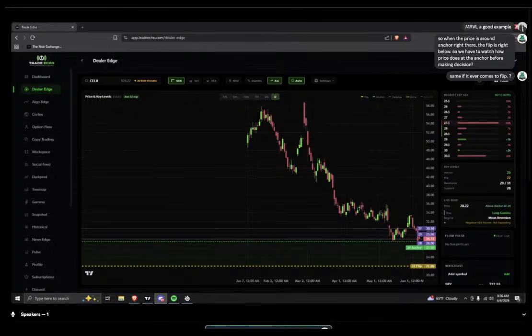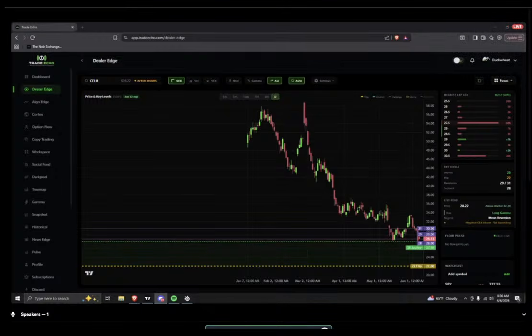So when the price is around the anchor right there, the flip is right below. So we would have to watch how price reacts at the anchor before making a decision. Same if it ever comes to a flip.